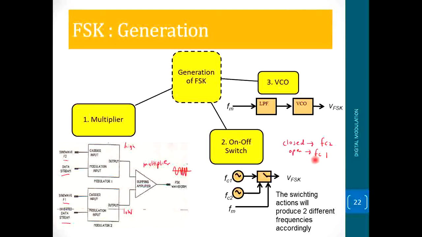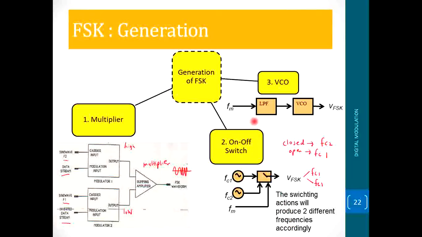So this open and close switch will result in two different frequency signals. So the output has frequency FC1 and FC2. The switching action will produce two different frequencies accordingly.